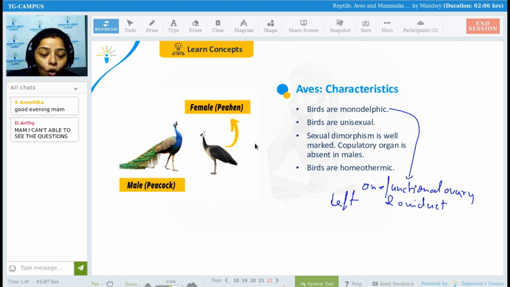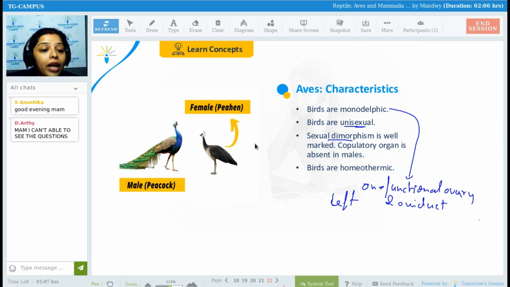Are birds oviparous or viviparous? Oviparous. Very good. Birds are unisexual and sexually dimorphic. Sexually dimorphic means that by the study of morphology, we can identify which one is female and which one is male.